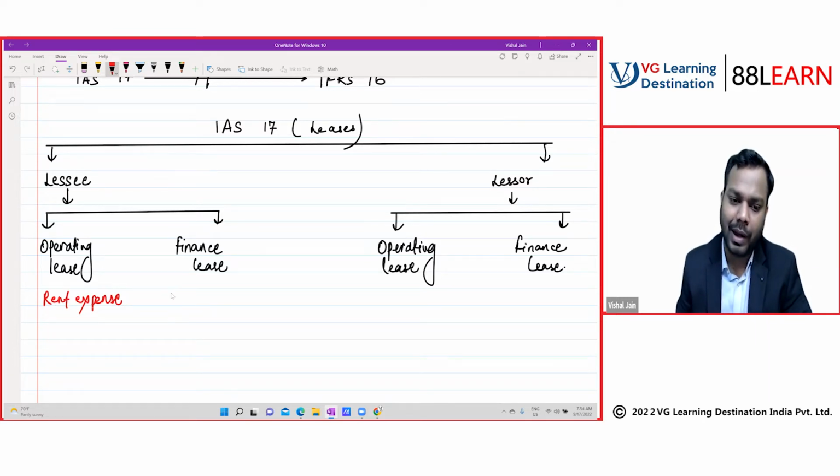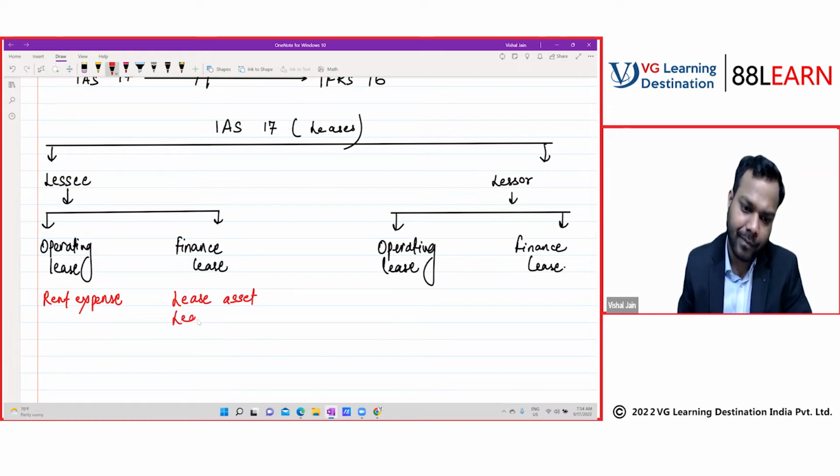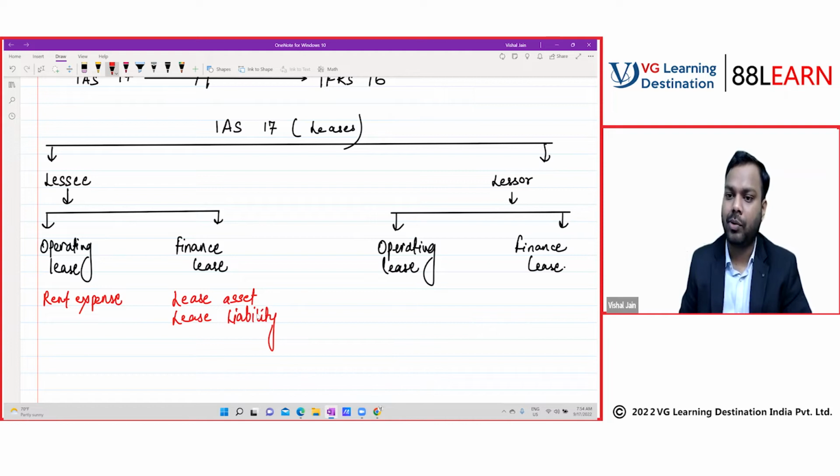For finance lease, the lessee will record a lease asset and a lease liability. Tell me yes or no. For operating lease, the lessor will record a rent income.